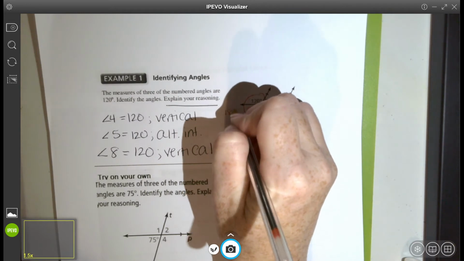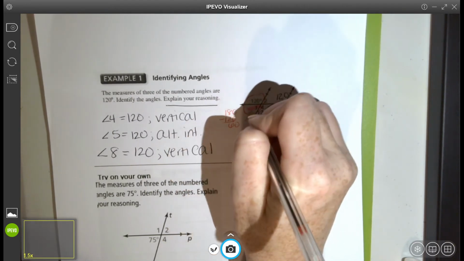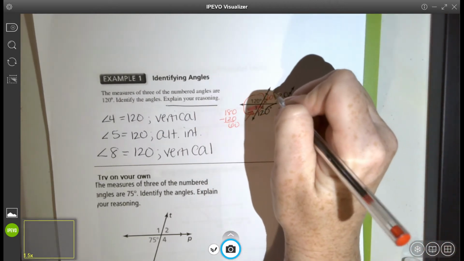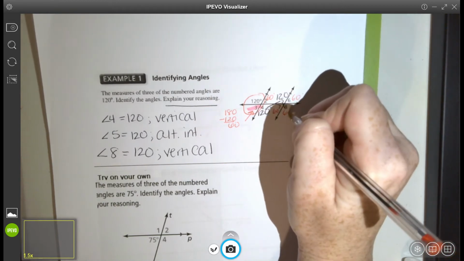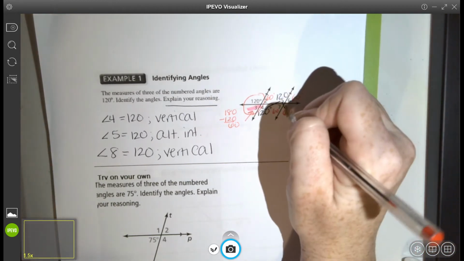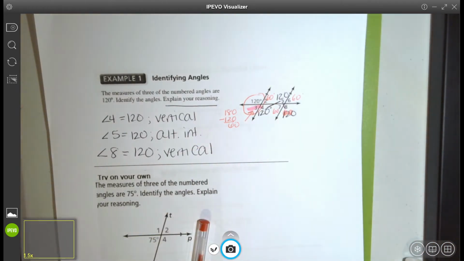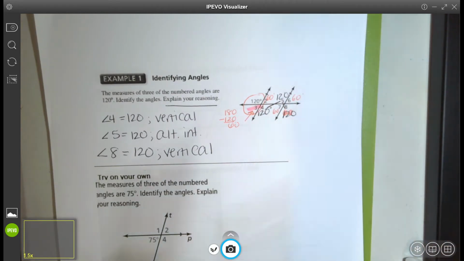So I could say 180 minus 120 would be 60. So 60 degrees here, which means 60 degrees in all of those missing spots to fill it in.